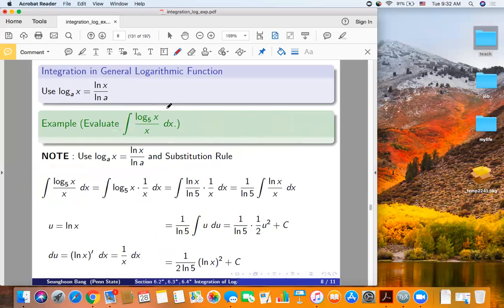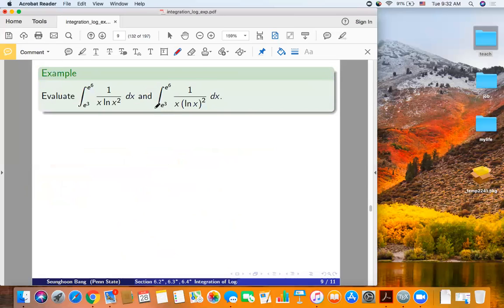The next tip. We think about more examples. Here, we have 2 problems. How can you solve this problem?